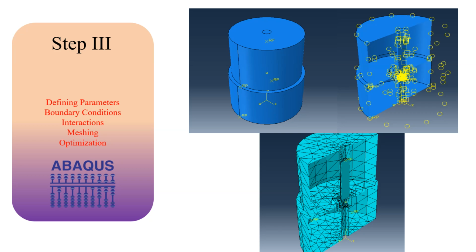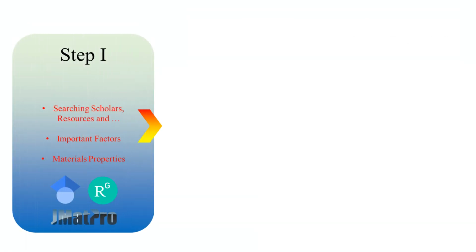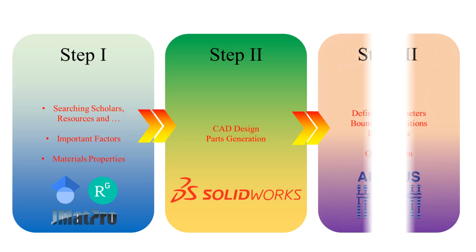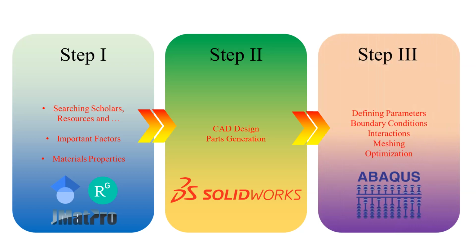I will talk about it in detail, but overall, I provided an introduction for our playlist. So in conclusion, there are three steps. In the first step, you have to find articles, textbooks, and references related to your process, and you can even use software alongside your research, like JMatPro.